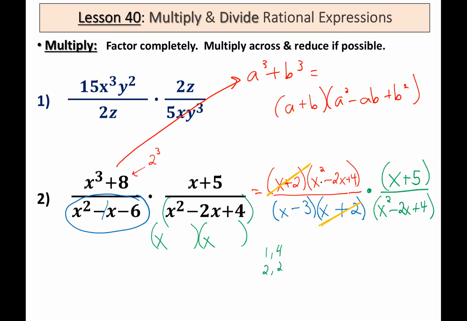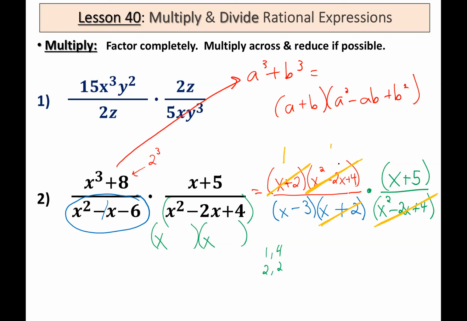That trinomial, the 3 terms, x squared minus 2x plus 4 in the numerator of the first fraction, can cancel out with x squared minus 2x plus 4 in the denominator of the second fraction. So that whole parentheses, that's one single factor in the numerator that cancels out with that same factor in the denominator. So I think we've finished crossing everything out that we can.